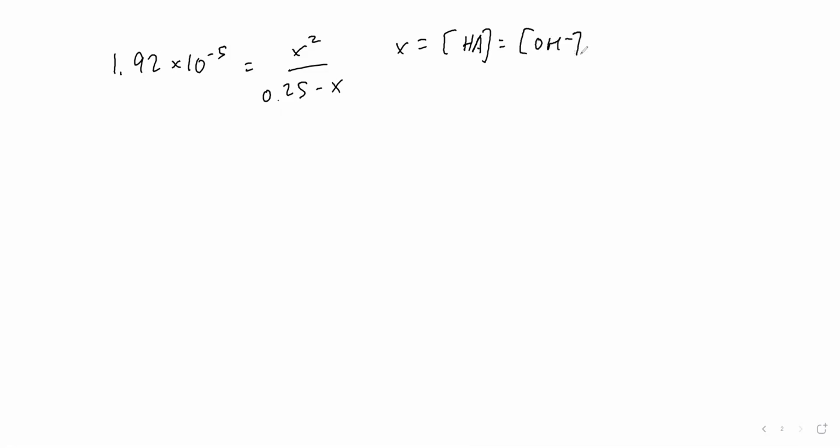So when we think about that first reaction we just wrote, we know that 1.92 times 10 to the minus 5th is going to be x squared over the formal concentration minus x, where x is the concentration of that first amphoteric intermediate, but it's also the concentration of OH minus.